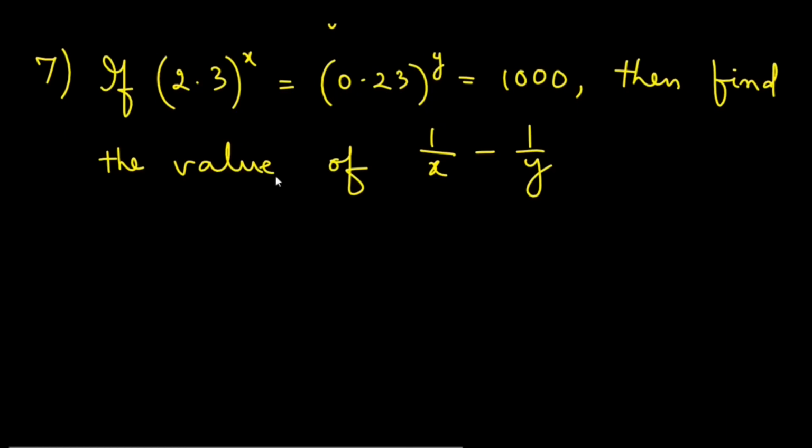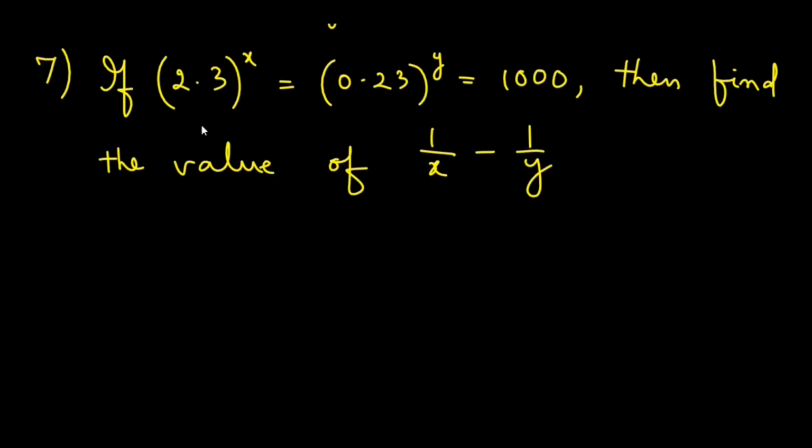Here we are given two equations. From these equations, let us find x and y. When x and y are known, we can find the asked value 1 by x minus 1 by y.